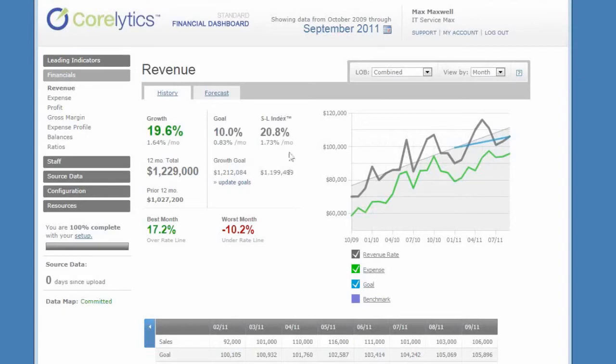Also, again, on all these displays, you're going to see the benchmarks, the SL index. Remember that your goal is a forward-looking number, and the benchmark is based on history. You can see the benchmark actually starts at this point and starts calculating.